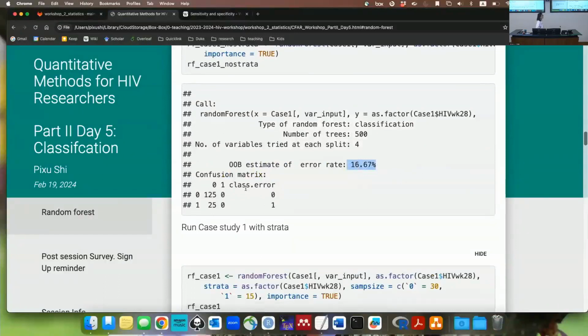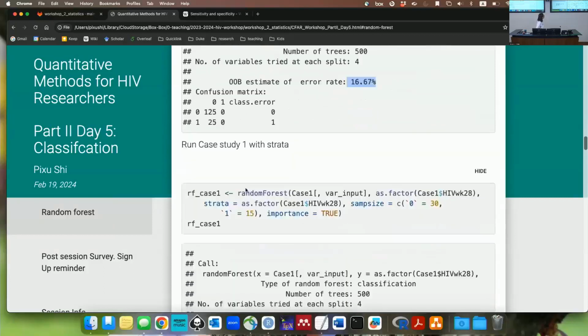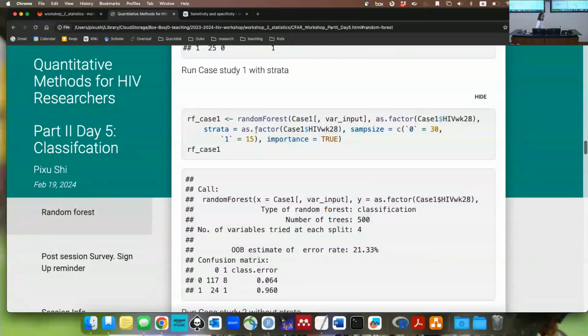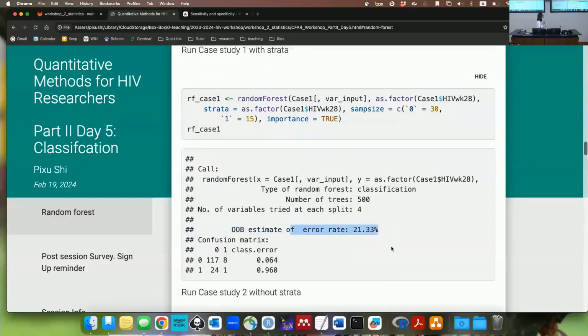But if you don't care that much about the uninfected and you want to do a better job classifying the infected ones, then this is a better classifier than the previous one. So the misclassification rate is unbiased between the two classes. If you want to emphasize one of them, you shouldn't rely on this number.